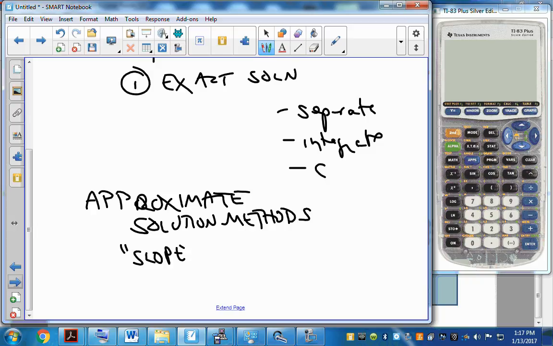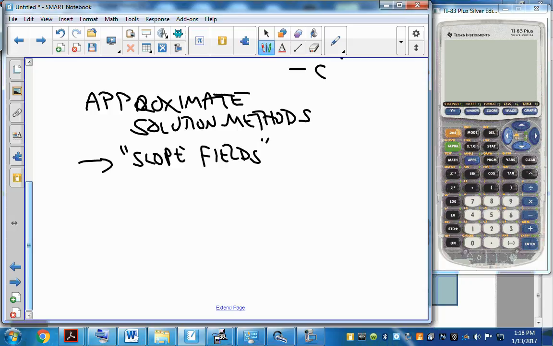In 3 of these problems, you see little dots, and it says draw a slope field. We're not going to do that today, but I think it's sort of fun. Slope fields are an AB and BC topic, so everybody does them. The other approximate method is something called Euler's method.